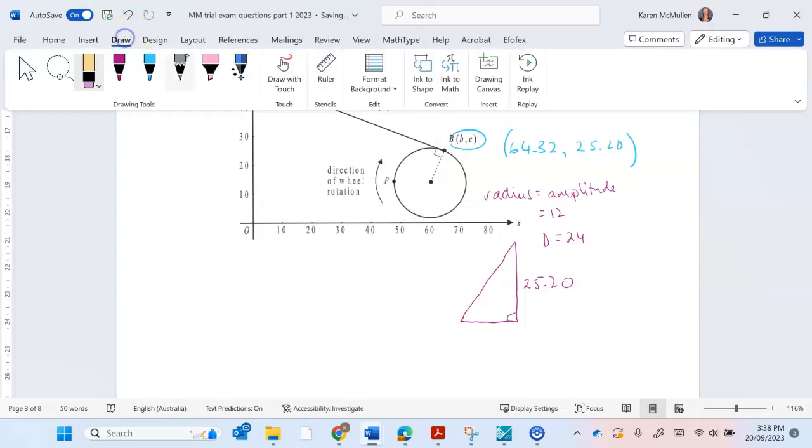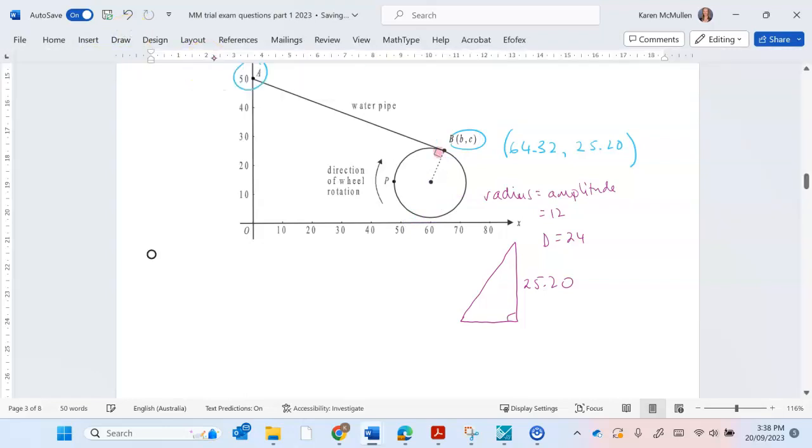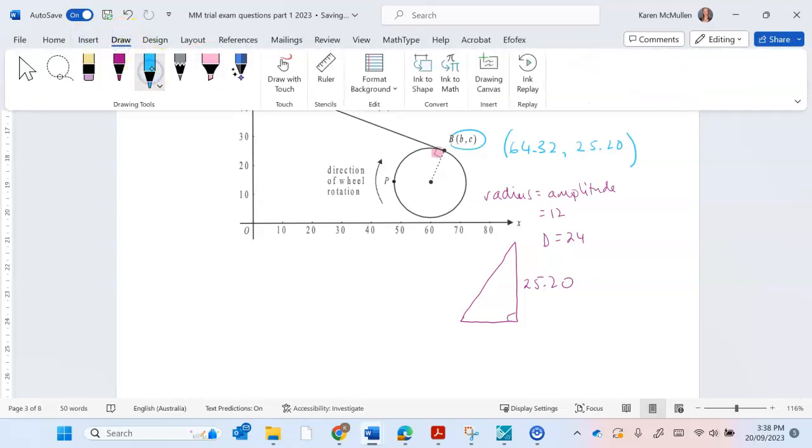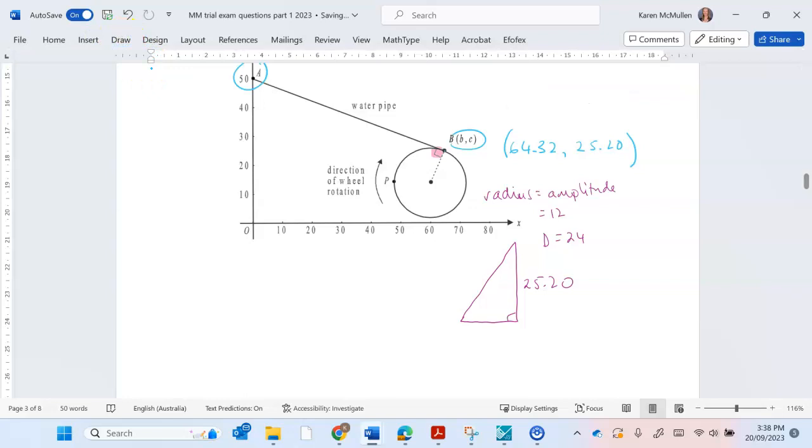Okay, so here we've got a right angle, and we want to know the equation of this line. Because we've got this right angle here, those 2 lines are perpendicular. Remember, perpendicular lines meet at a right angle. So my triangle over here is probably unnecessary, but maybe we'll come back to that if we need to.